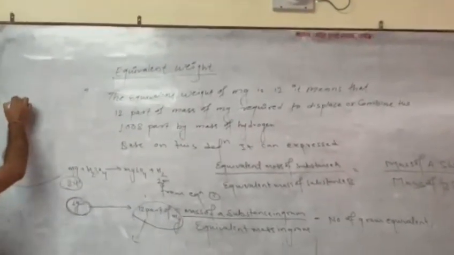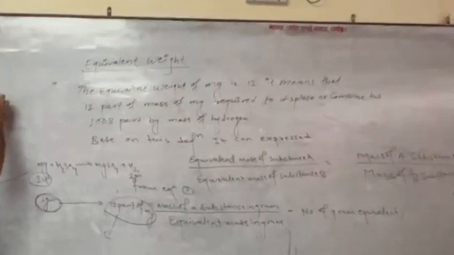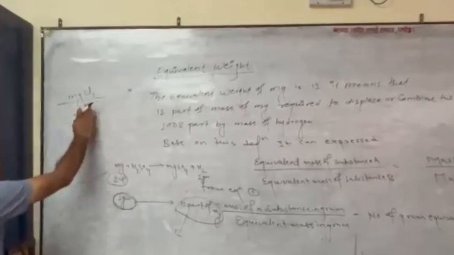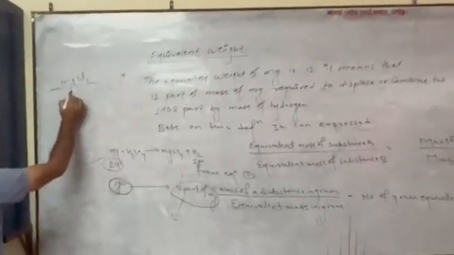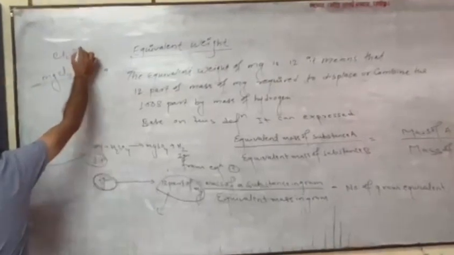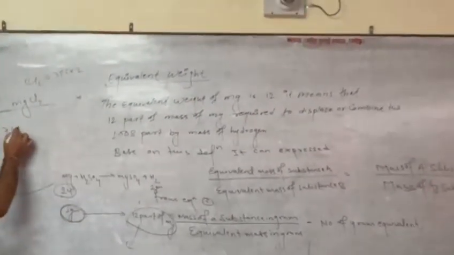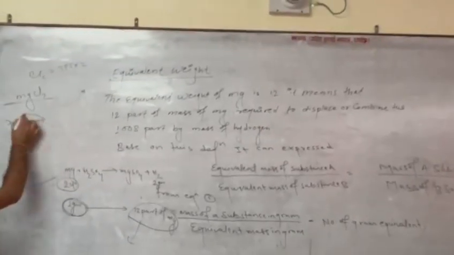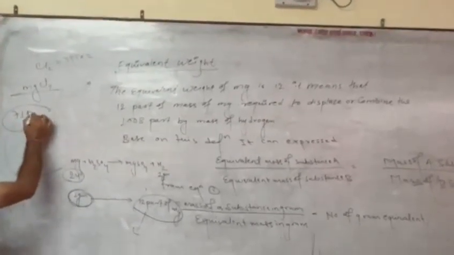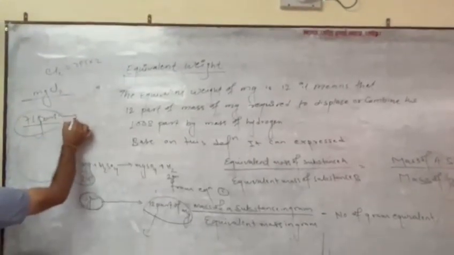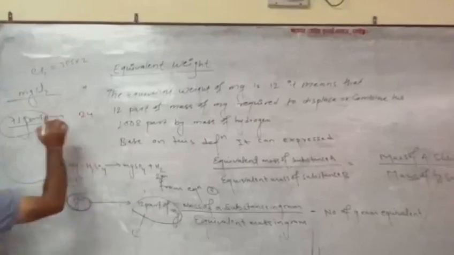Look here, MgCl2. In MgCl2, Cl2 is 35.5 into 2, which equals 71 grams. 71 parts of chlorine combine with 24 parts of magnesium.